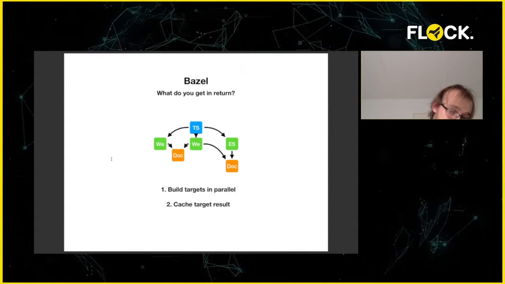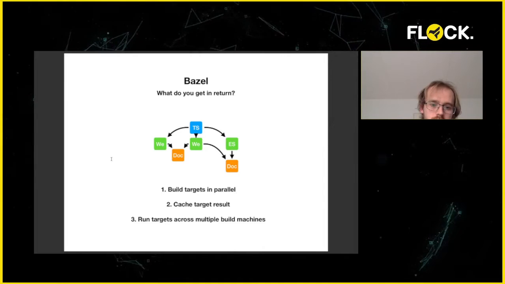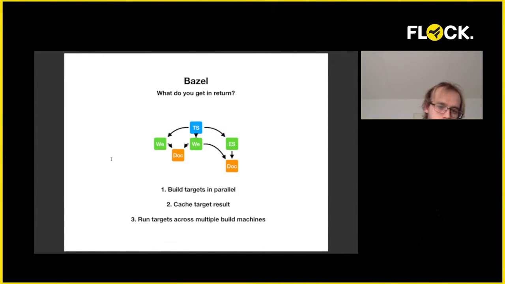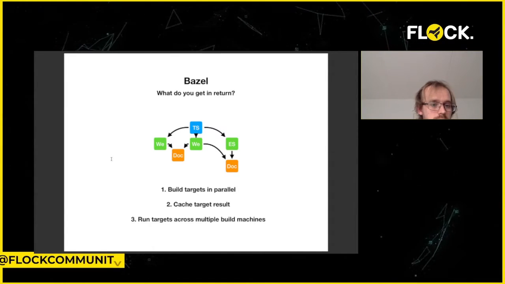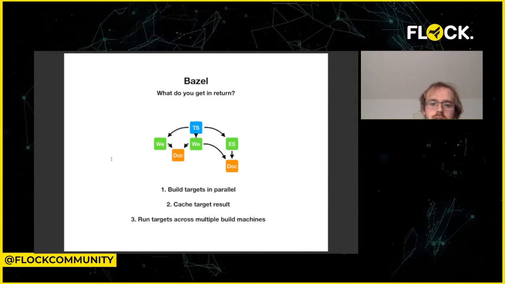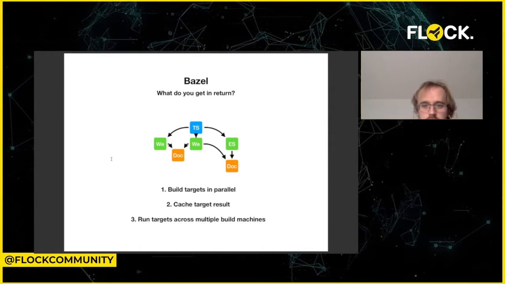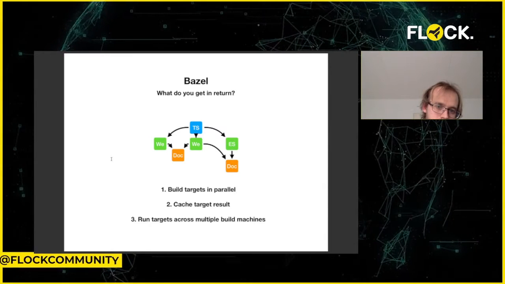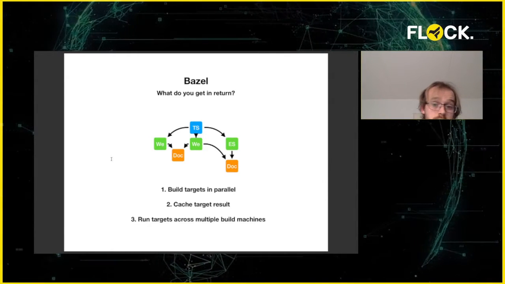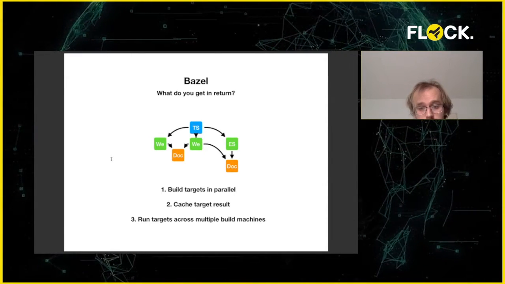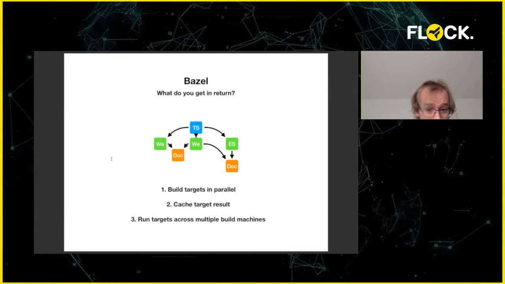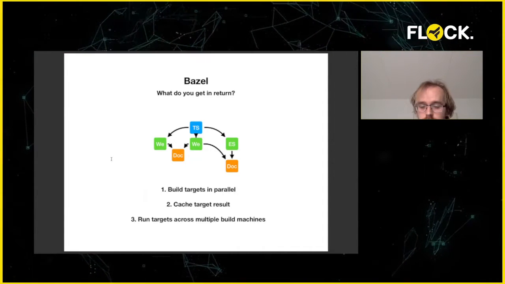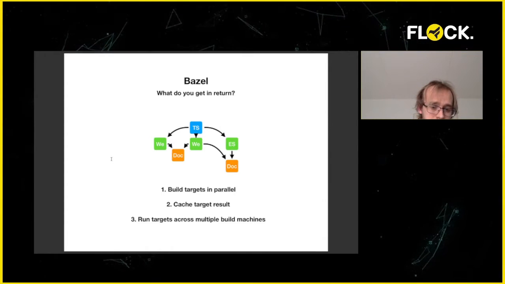The third thing that it gives us is that we can run targets across multiple build machines. Sometimes you have a pull request that still needs to build all the 25 applications that we have. For example, if we update React and all our applications use React, we have to rebuild all of our 25 applications.